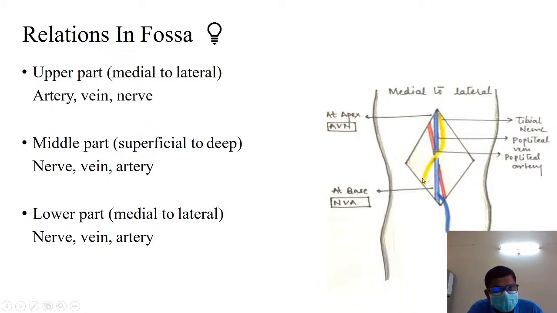From medial to lateral, the most medial one will be the nerve, followed by the vein, and the last one the artery. So in the upper part of the popliteal fossa the medial most structure is the artery, while in the lower part the medial most structure is the nerve. These are the important relations of the neurovascular bundle within the popliteal fossa.